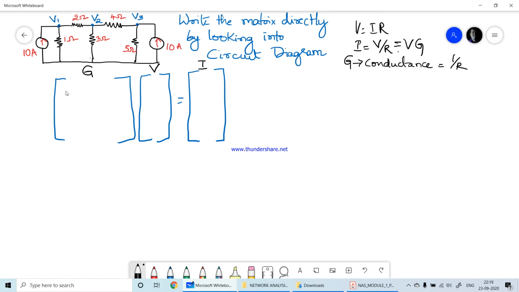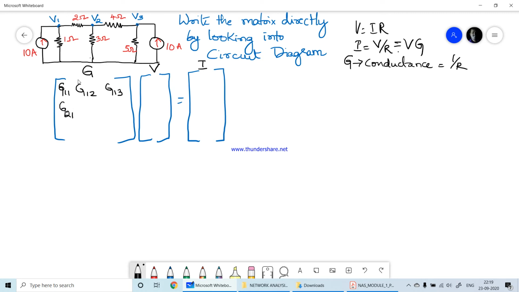So this will be G11, G12, G13. In the mesh analysis video, you will see the explanation I have done on how to write the matrix by looking into the circuit for mesh analysis. Similarly, we are trying to write the matrix for node voltage analysis.